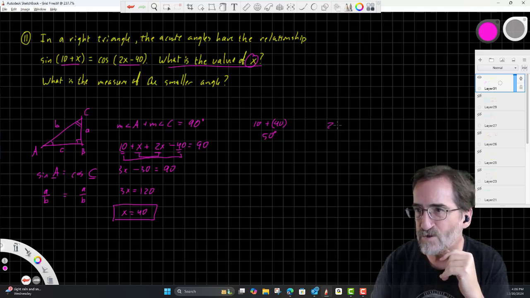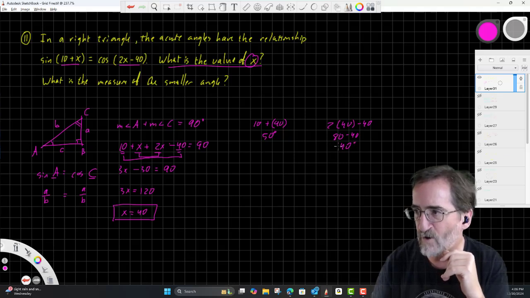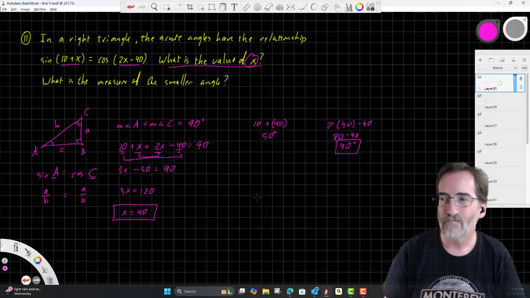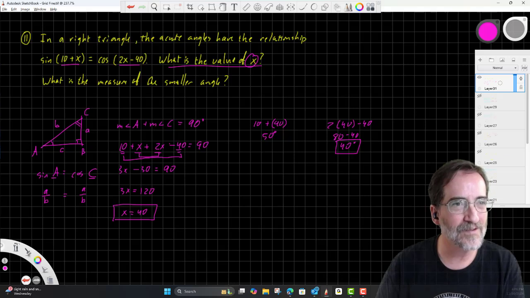And the other is 2x minus 40, 2 times 40 minus 40. 2 times 40 is 80 minus 40 is 40. And the 40 is smaller than the 50, so the 40 is the smaller of the two angles. Okay, and there we have it. A lot of gymnastics going on there, mental gymnastics.